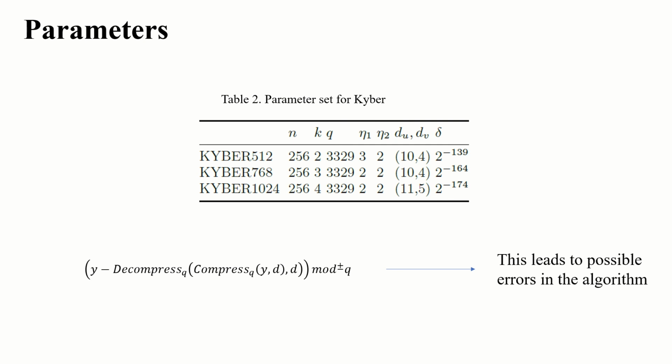The parameter eta_1 defines the noise of s and e and of r. The parameter eta_2 defines the noise of e_1 and e_2. They discuss the reason for setting eta_1 larger than eta_2 in the Kyber 512 parameter set in their paper.